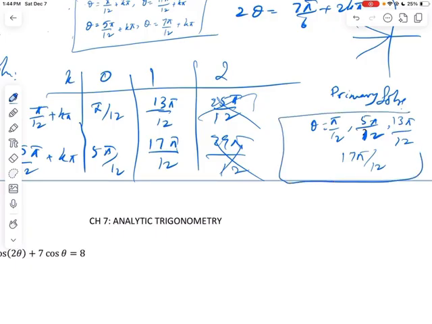So this is how you solve with multiple angles. Okay, we'll do the next example in the next video.